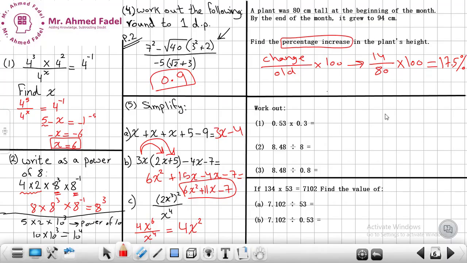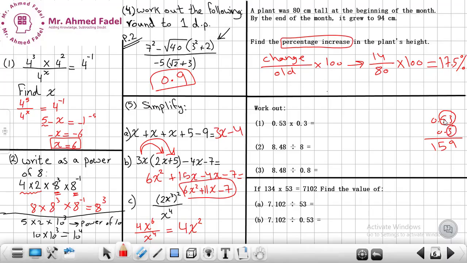Now, work out question one, 0.53 times 0.3. Mister, in multiplication, we just ignore the decimal point. We learned this and we practiced it a lot. Ignore the decimal points. 3 times 3 is 9. 3 times 5 is 15. That's it, Mister. I finished. Because it's 53 actually times 3.